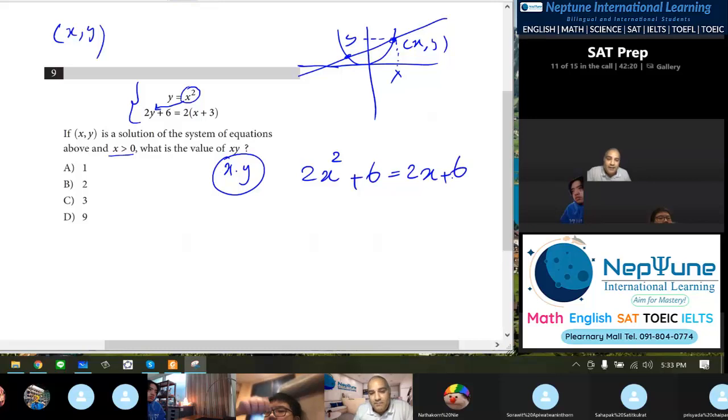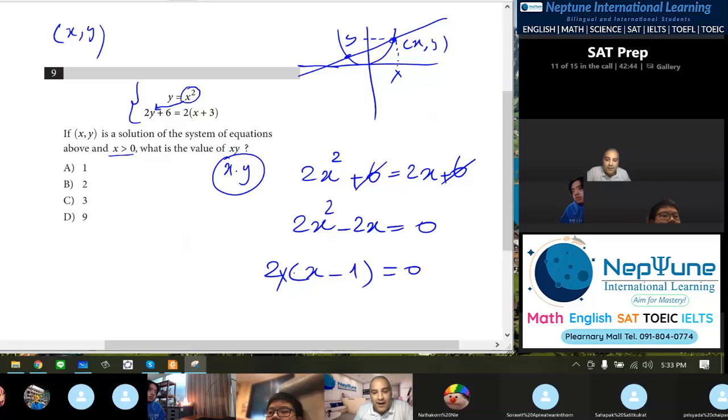Then move everything to the left, 2x squared minus 2x, and the 6 and 6 cancel each other. And then put it equal to 0 because we want to solve it. I can get 2 out and x also out, and what is left here is x minus 1 equals 0.